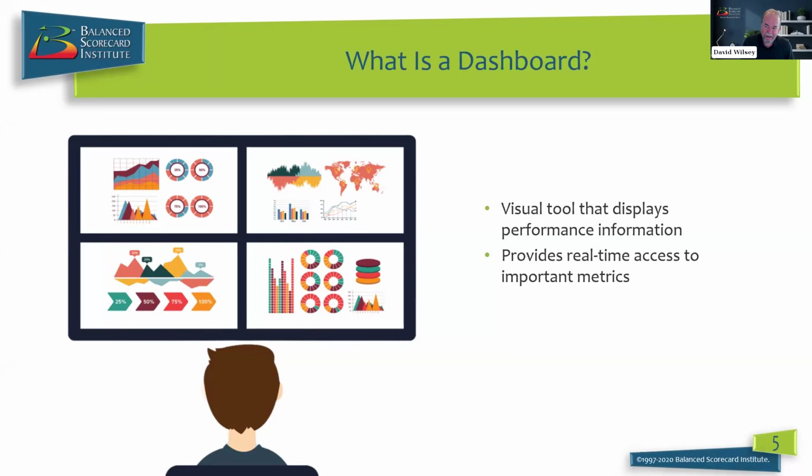Oftentimes it's almost not useful to have a dense spreadsheet of numbers. What I want is to see a pattern. We have all these tools at our disposal. Can we see the performance information in a meaningful way that helps communicate what we're trying to accomplish to the right people, and also tells us whether we're making progress or not? It's as simple as that. It should be real-time access too, right?